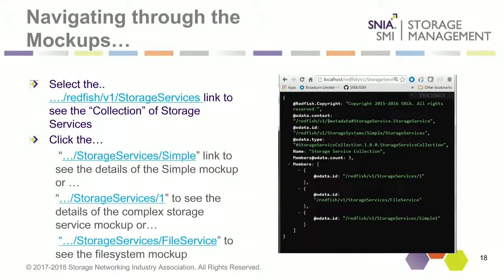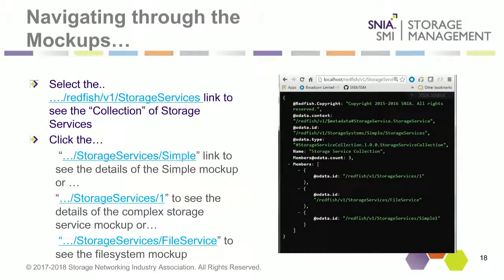So navigating from there, if I select the storage services link to see the collection of storage services, what storage services do I have, then I'll see that I've actually got a simple, which is the one I talked about, which is the simple array. I've actually got the complex, which is actually marked as 1 for some reason. I'm not quite sure why it's not complex, but it's marked as 1.